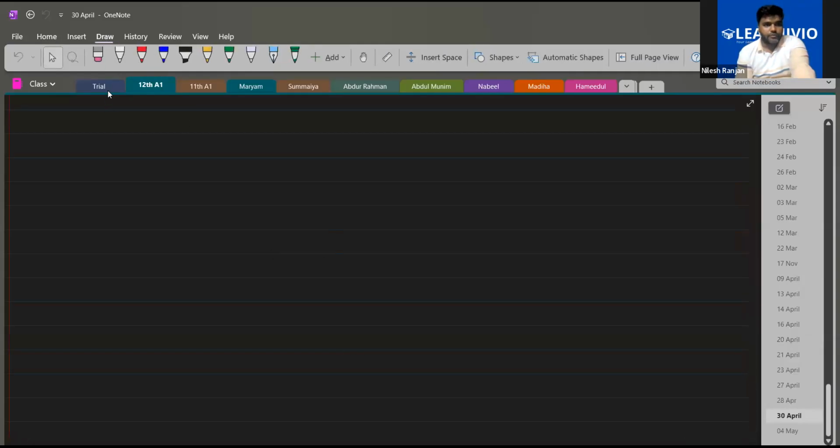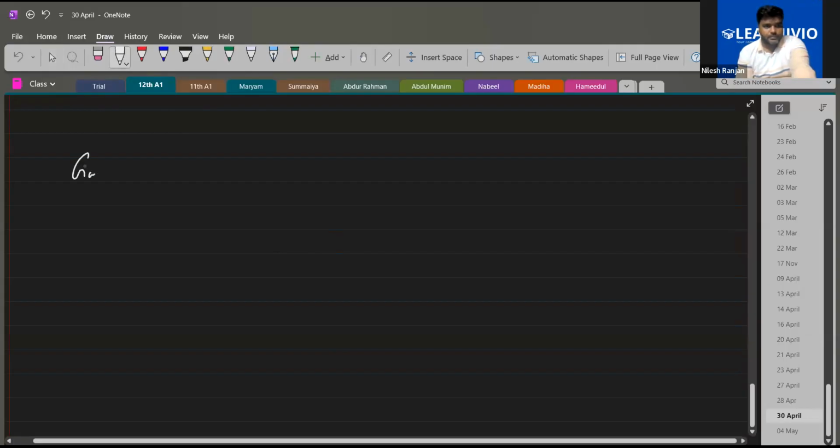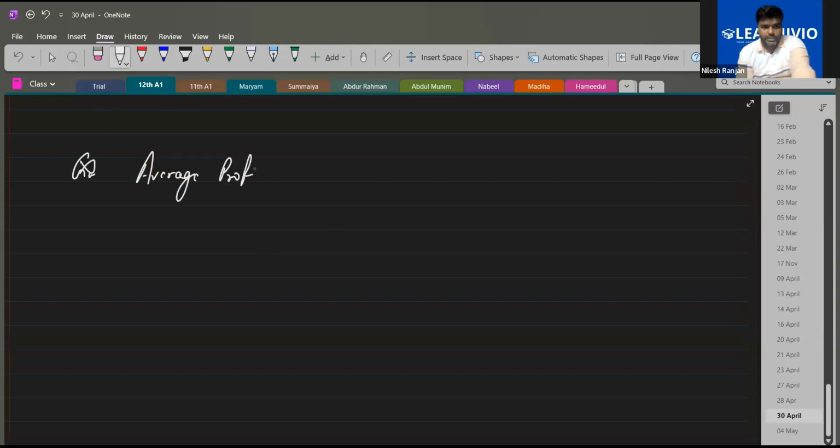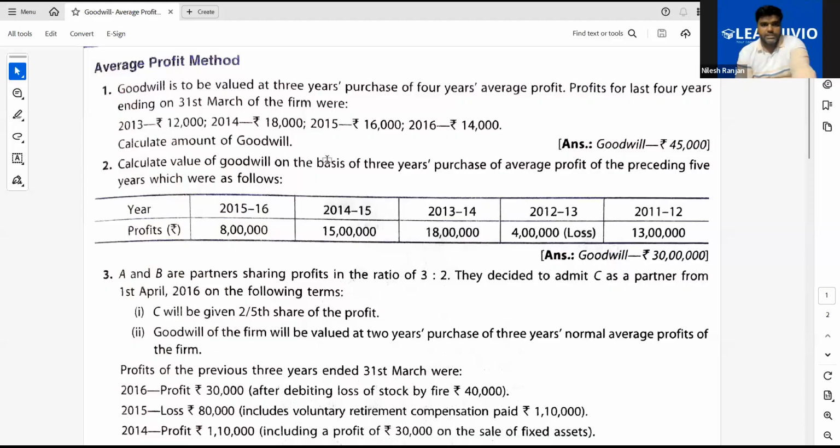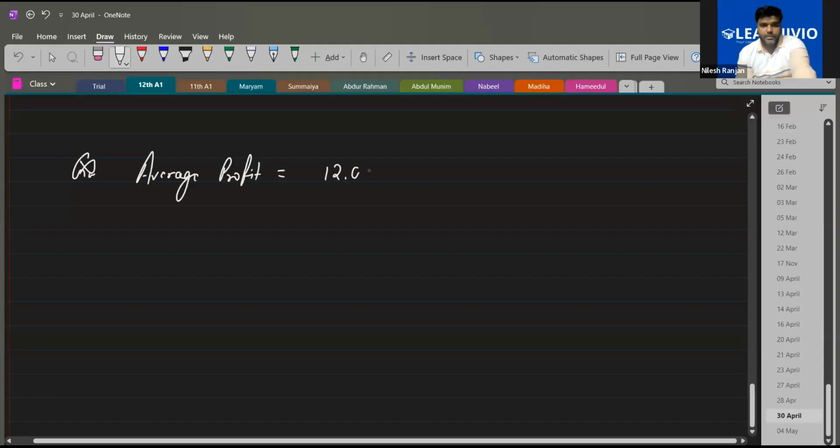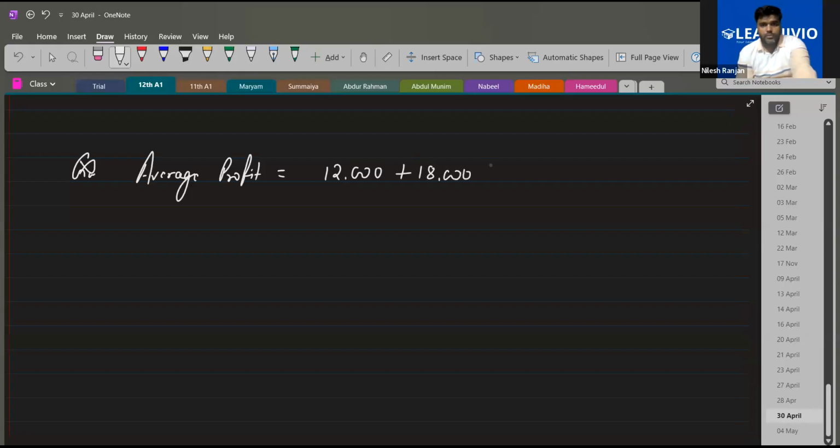If we calculate goodwill, first we have to calculate the average. Average profit equals 12,000 plus 18,000 plus 16,000 plus 14,000.